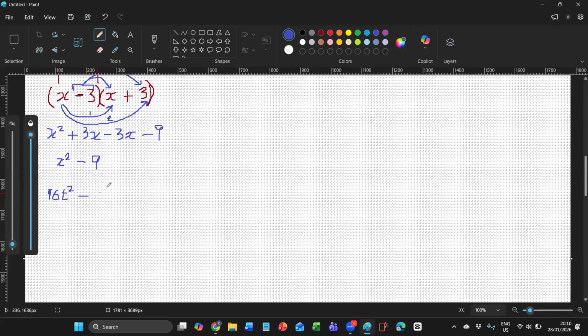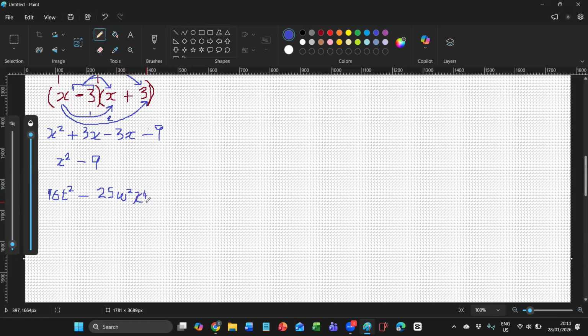So the minus sign must be between the two squares. Minus 25w squared x raised to power 4.